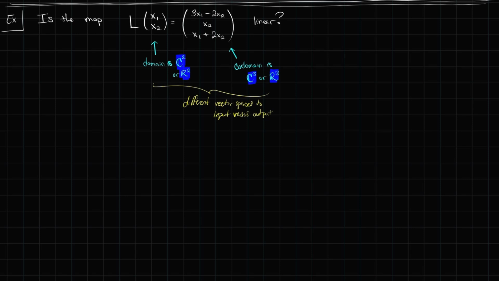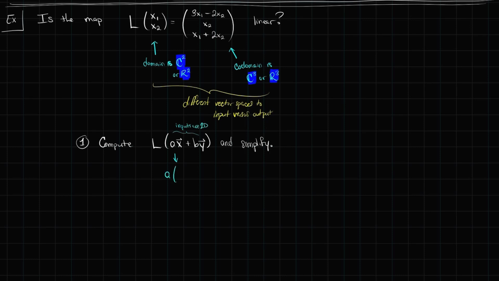So if you remember from the last video, what we need to do is compute L of a linear combination of vectors. So I'll say ax plus by, and simplify. Well, how could we do this here? The inputs are two-dimensional.